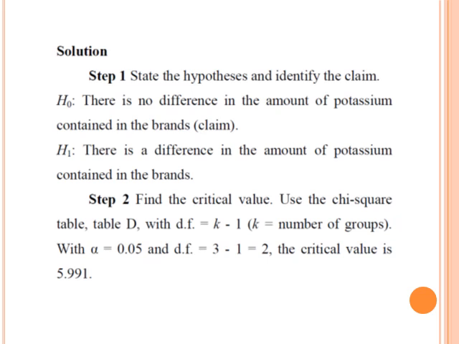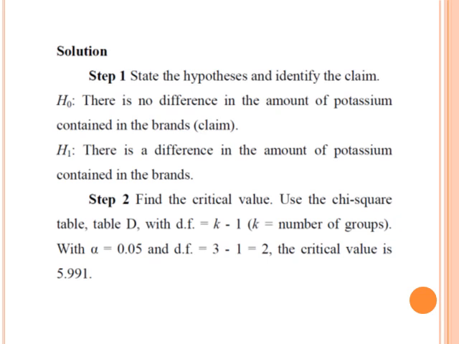So our claim is in the null hypothesis, not in H1, and the H1 hypothesis states that there is a difference in the amount of potassium contained in the brands. So this is the first step, state the hypotheses.